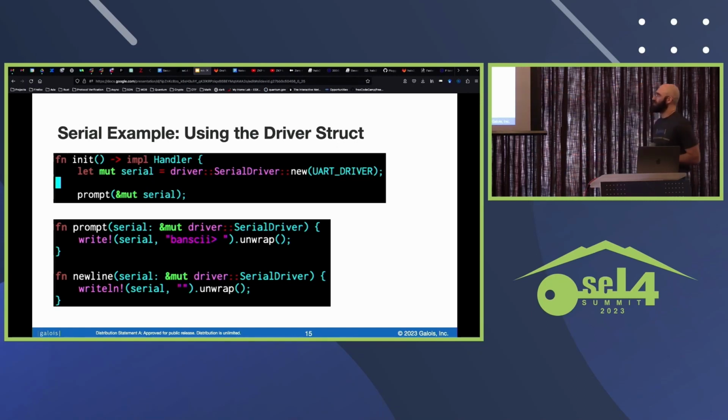It instantiates the serial driver with a channel, and then when it uses it, it uses the same macros that it would use to interact with a native Rust serial driver. Is native the right word? I'm not sure.